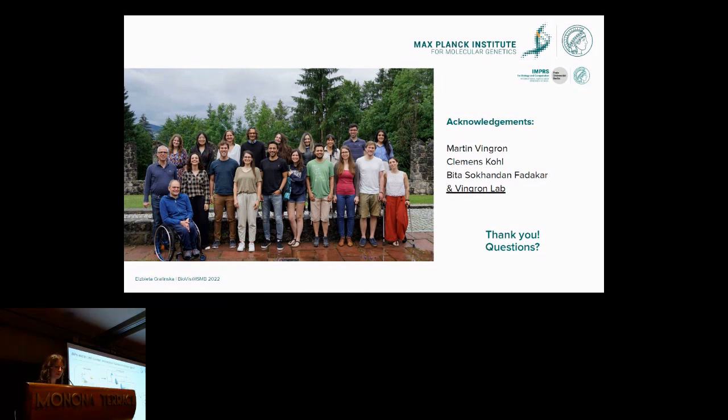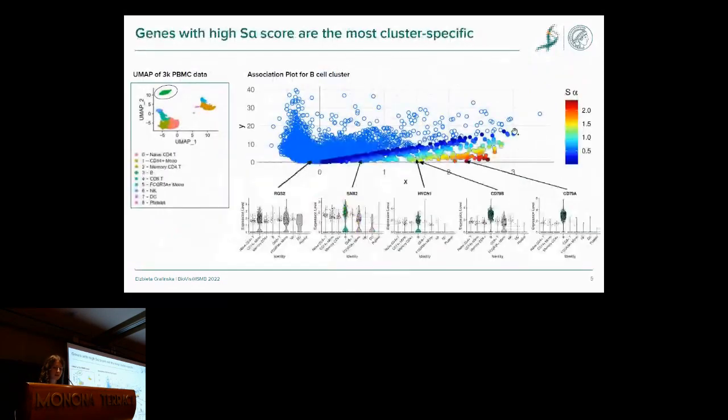So in the association plots, what I didn't really talk about is the fact that when we're in the correspondence analysis space, we identify the cell cluster of interest, and then we look in the direction of this cluster, and we project all of the genes onto this vector connecting the origin and the centroid of the cluster.